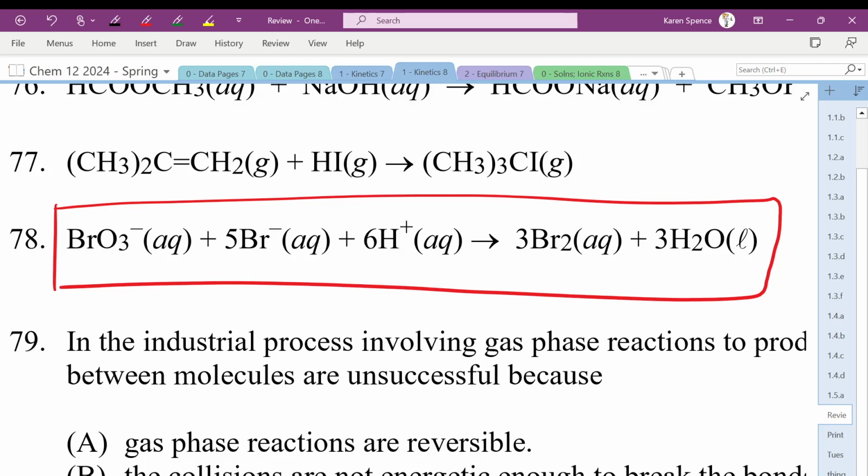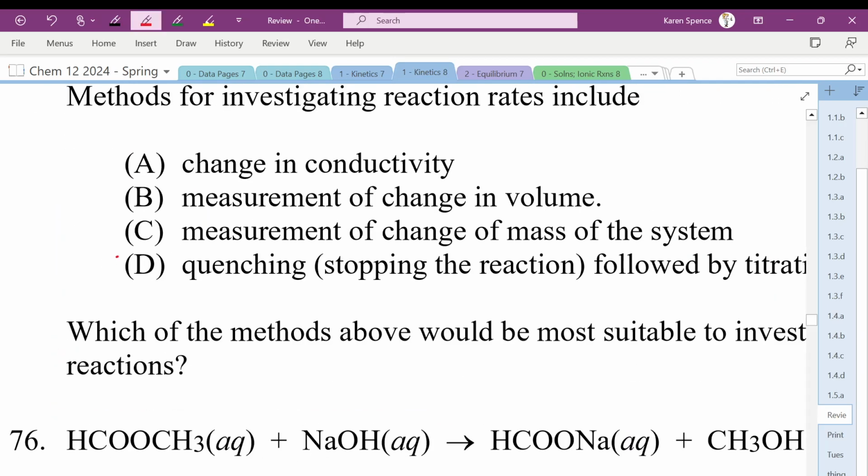Under what conditions do we have the whole system changing in mass? When we have a gas, because the gas can go away, right? Otherwise, if it's aqueous or solid, it just stays, right? It doesn't go anywhere. All right, so it's definitely not this one.